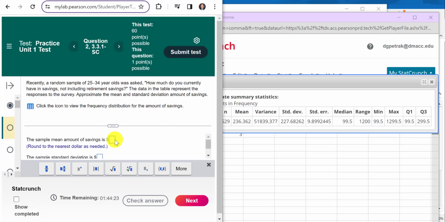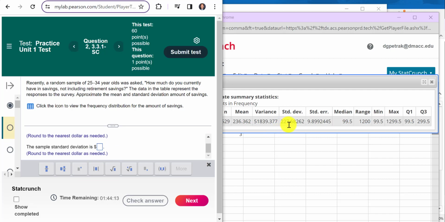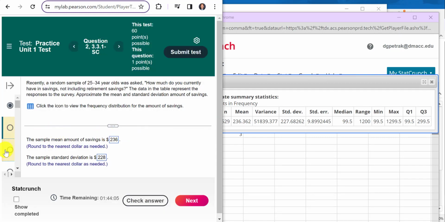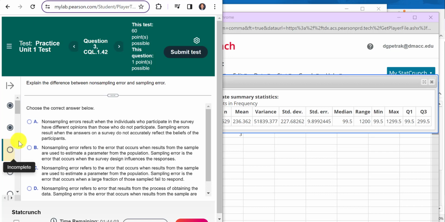It'd probably be fine with either one, I have a feeling, because they're not making it be super accurate. Standard deviation, rounded to the nearest dollar as well, is 228. Let's check that. All right, looks good. Cool. All right, we'll go into number 3 here.